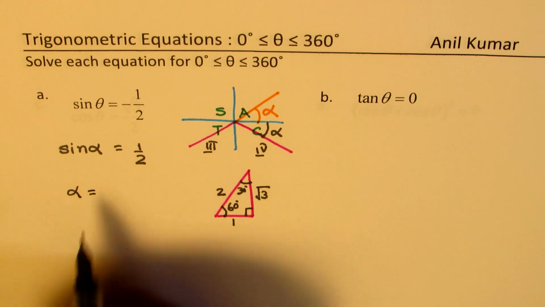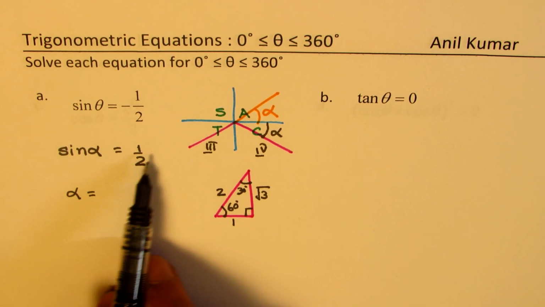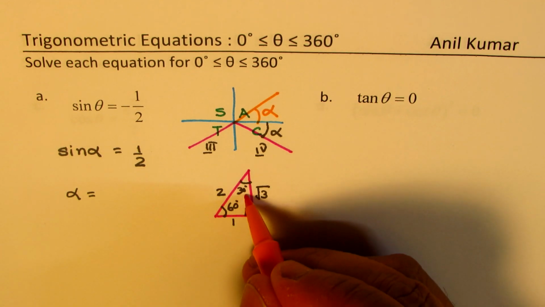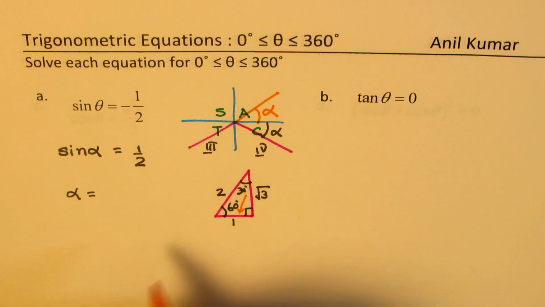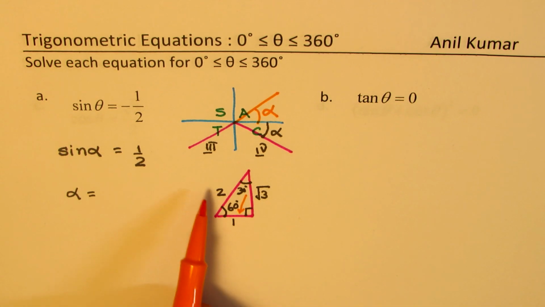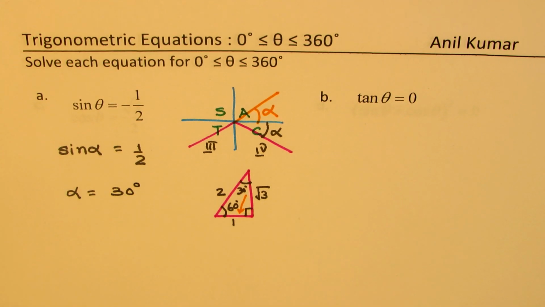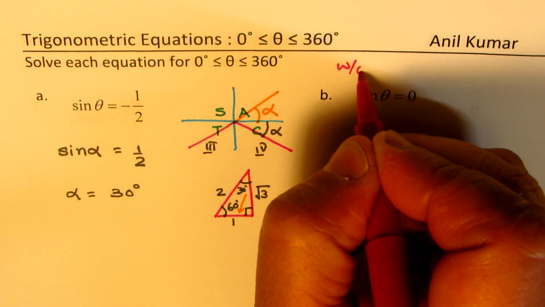Now alpha should be what? We are saying sine alpha is 1 over 2. Now this side 1 is opposite to 30 degrees. Sine means opposite to hypotenuse. That means alpha should be 30 degrees, right? So this exercise actually is without calculator.